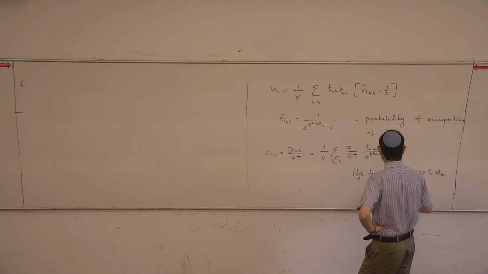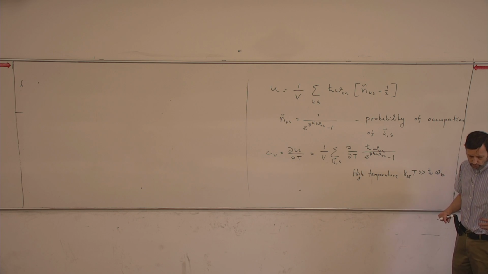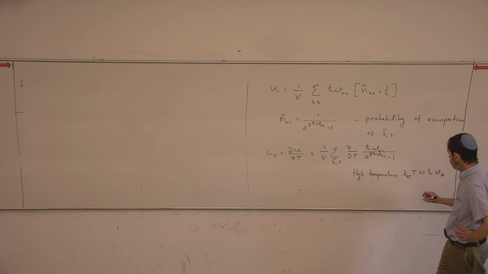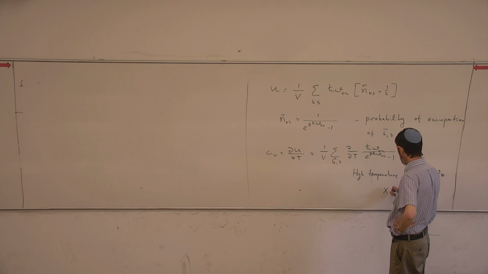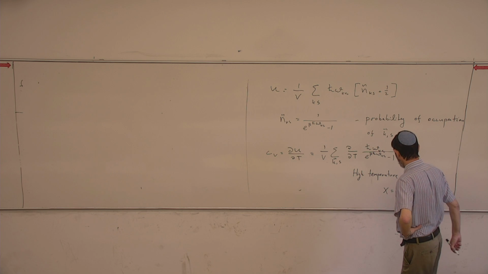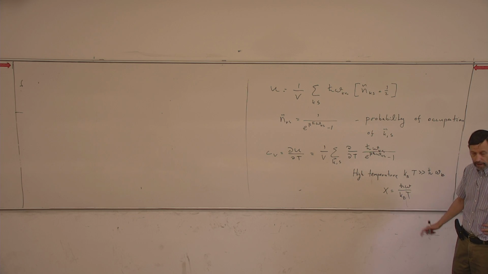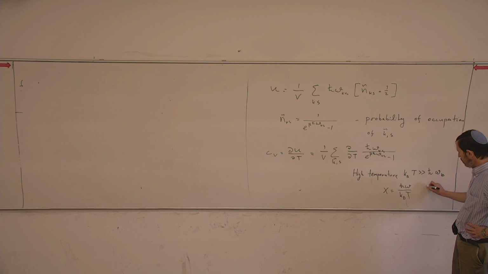Okay, in order to shorten our notation, I'll define x as ħω over kBT, meaning, and what does this mean?